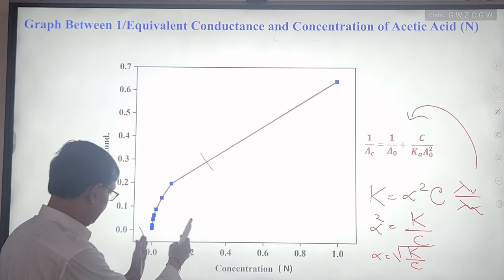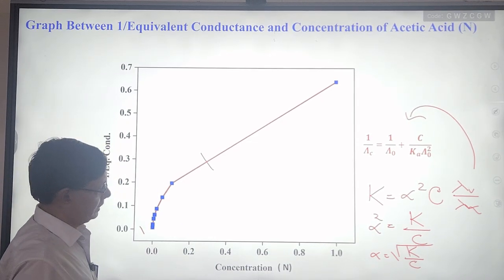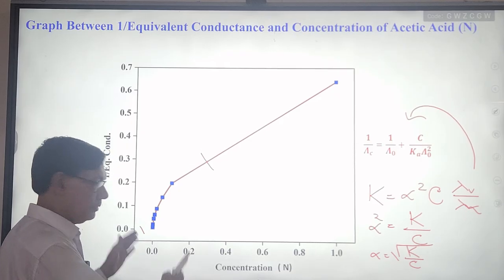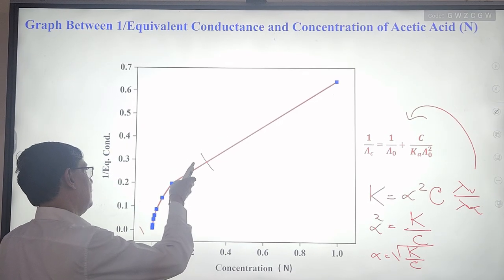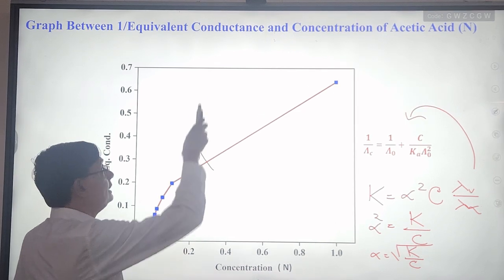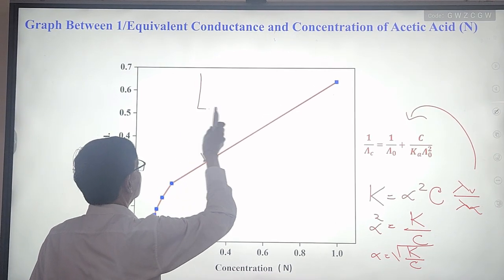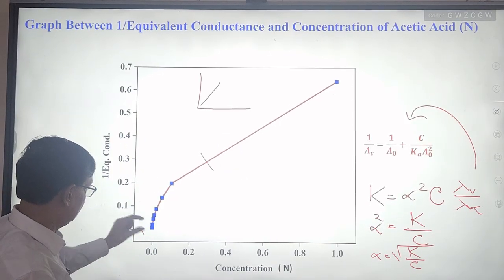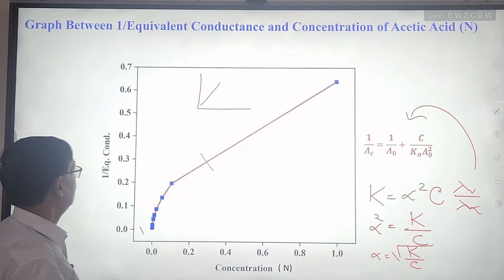My students have prepared this graph. So I request you to take this part separately in an inset. Maybe there may be some straight line, I do not know exactly, because here some overlapping is there.